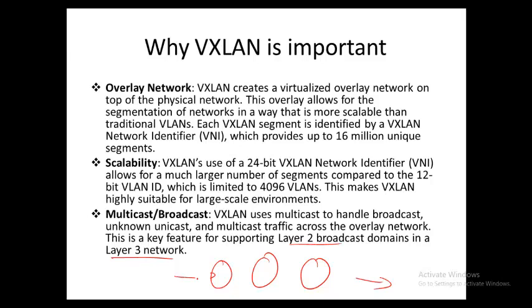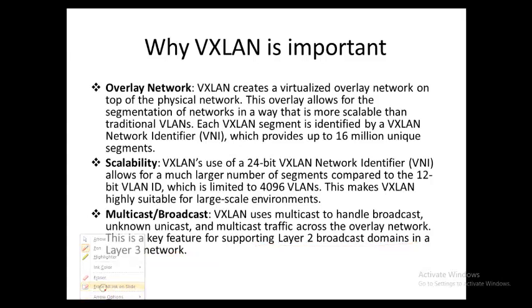So VXLAN supports a layer 2 broadcast domain in a layer 3 network, which is needed for virtualization environments. Like I was drawing when I was explaining this page, 10.0.0.1 wants to talk to 10.0.0.2 on the other side.